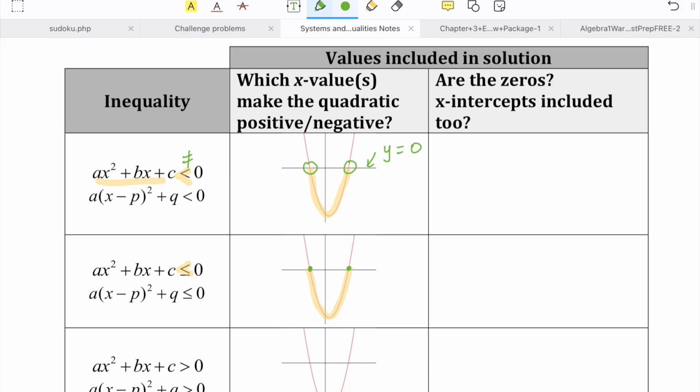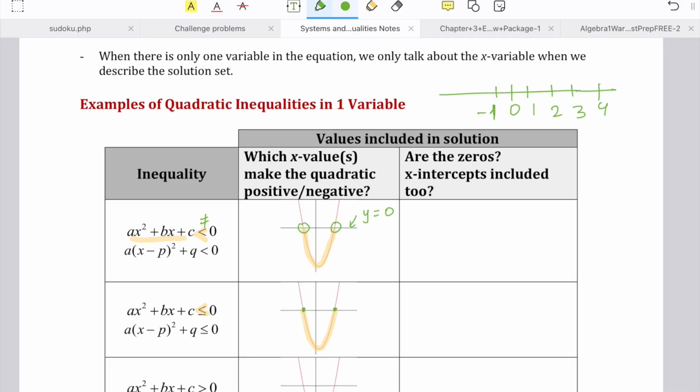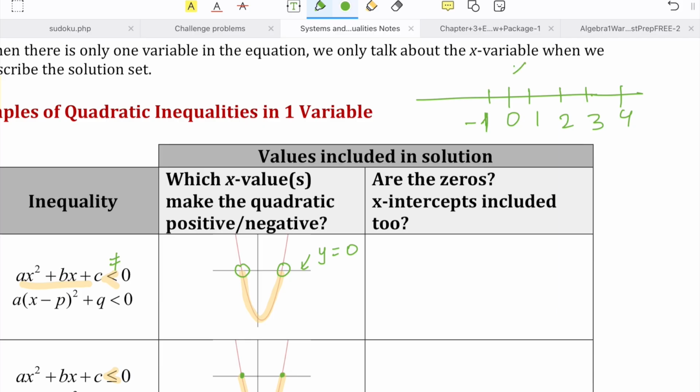Do you remember in grade 9 when you were given inequalities, and let's say this is 0, 1, 2, 3, 4, negative 1? If it said x is less than 3, you would put this sign and then draw an arrow going that way, right?